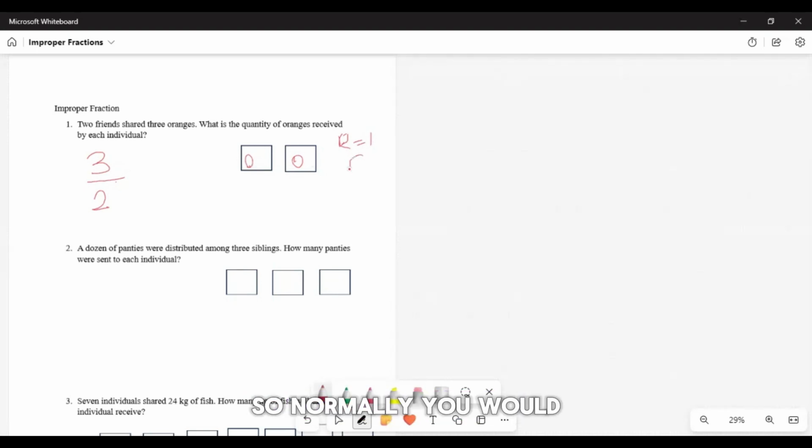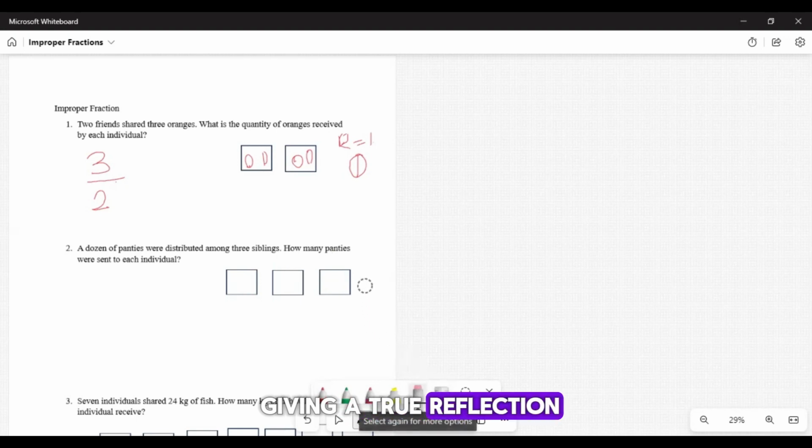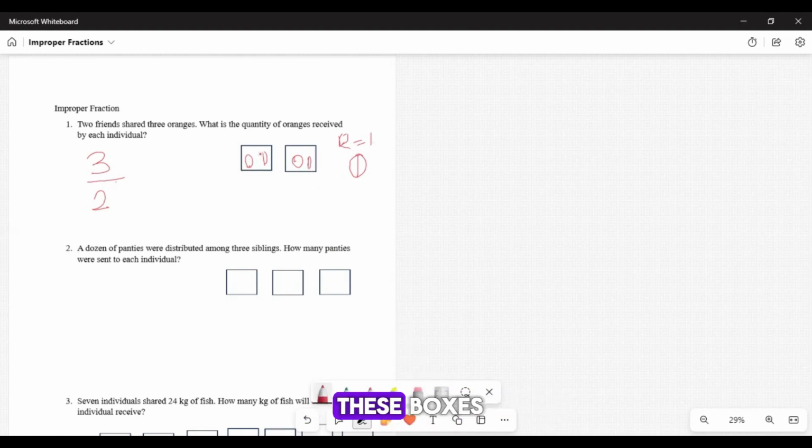So normally you would divide this orange, the one that is left, into halves, and give this person a half and give this person another half. Sorry for my representation, it is not giving a true reflection of half. So, in each of these boxes, you realize that each person would receive 1.5.